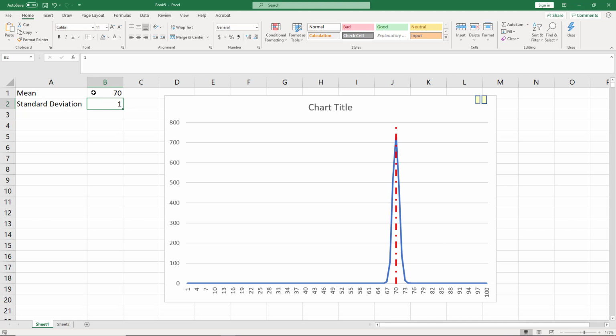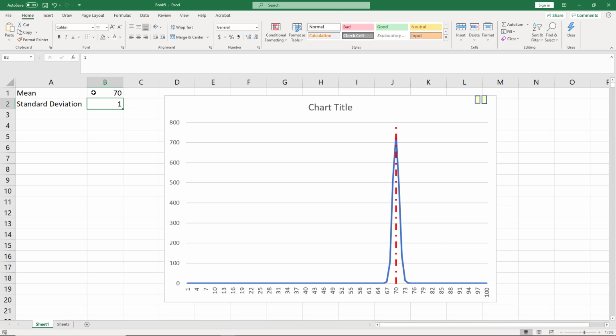So 2 standard deviations, or 2 points, would represent around 95% of the data. It's actually 96%, but we'll go with 95% because it's not exactly 96. So 2 standard deviations would represent roughly 95% of all of that data, and I'll show you that here in a moment.